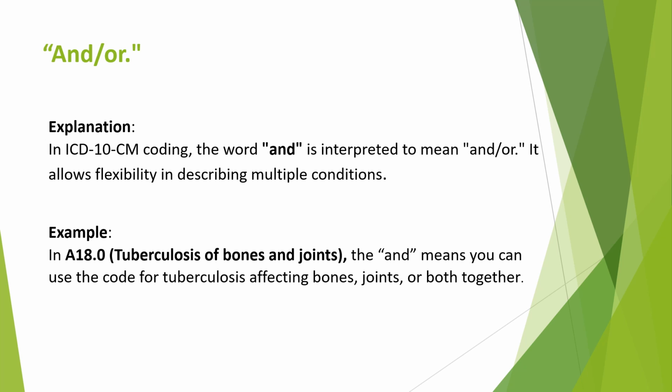For example, tuberculosis of bones and joint: if you go to that subcategory, you can use the code for tuberculosis affecting bones as well as tuberculosis affecting joints. And if both come together, we will be assigning both together. So always, and is interpreted as or.